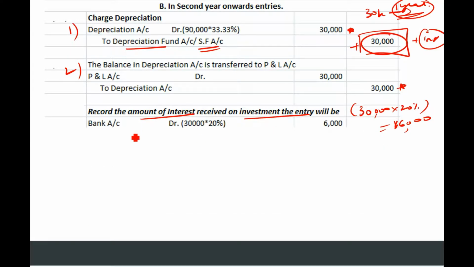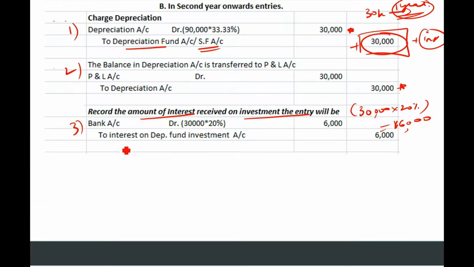So the entry will be bank account debit 6,000 to interest on depreciation fund investment account, or you can say sinking fund investment account. 6,000 is the bank amount received and will be shown as income in the form of interest on depreciation fund investment account.